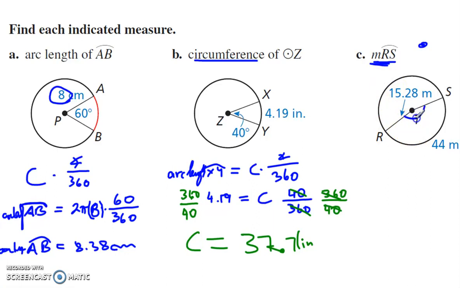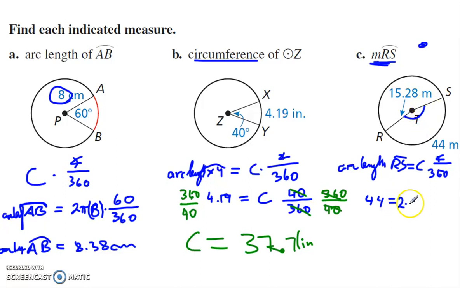So we are looking for this angle right here. Arc length of RS is equal to circumference times angle over 360. We know the arc length is 44. We can find the circumference.